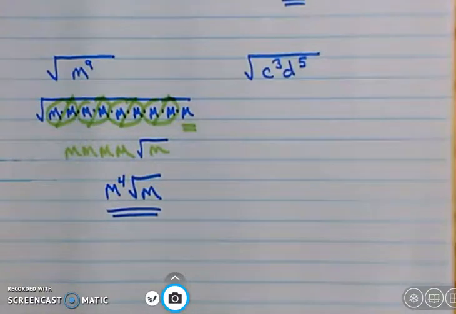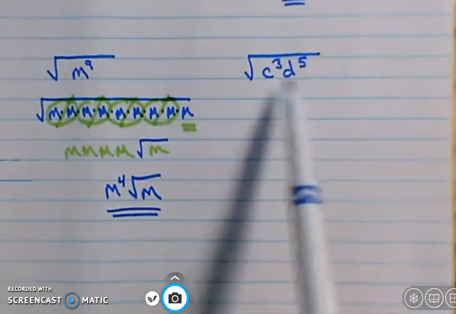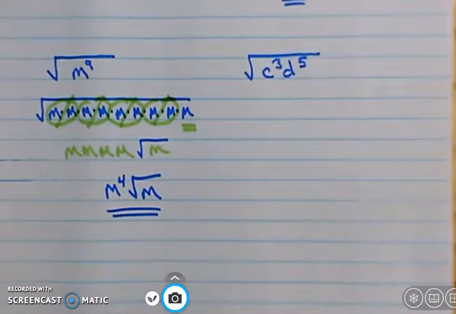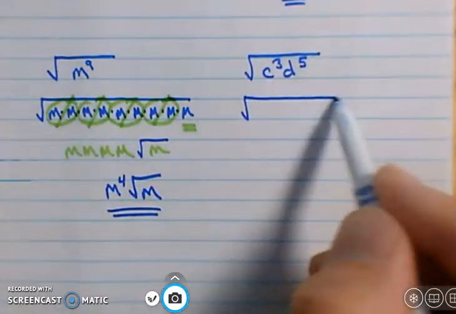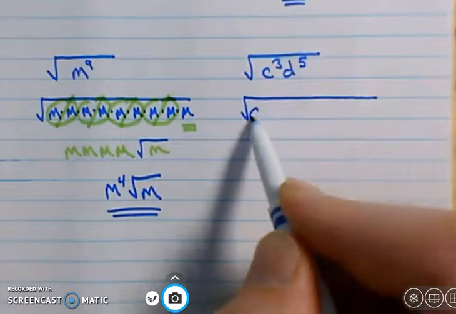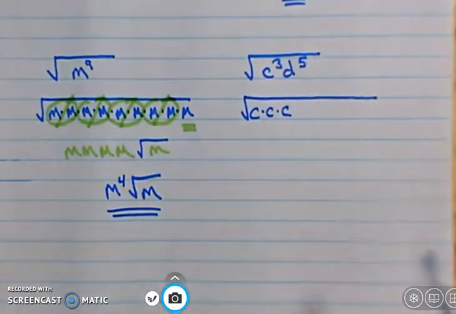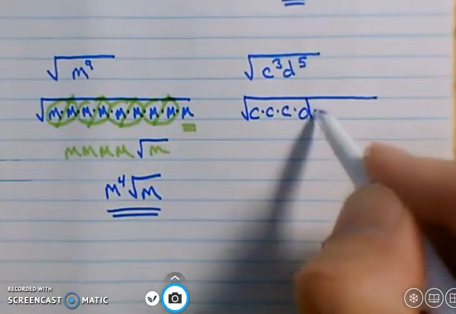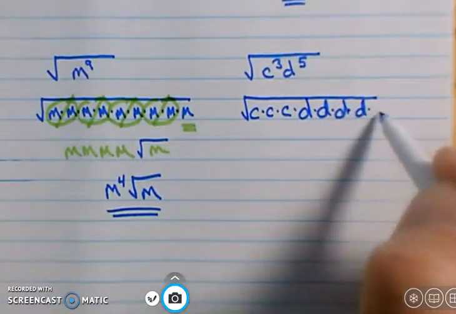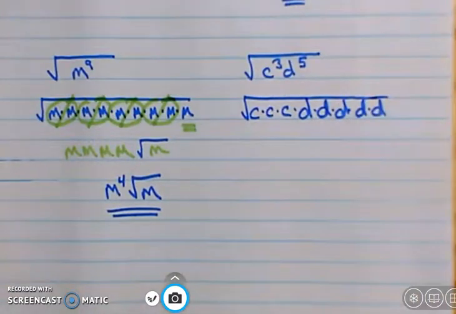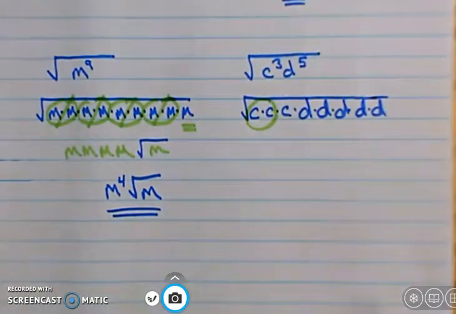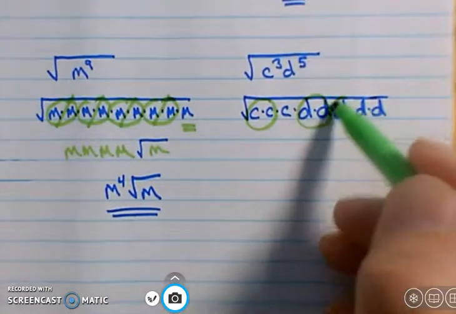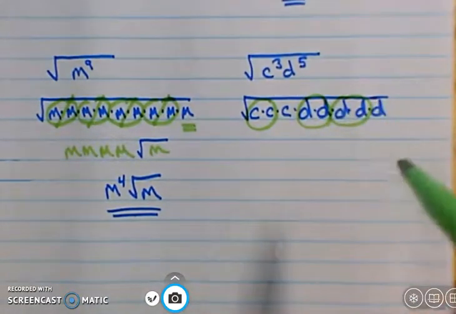Okay, and one final example. What if I have multiple variables here? Just like all the previous examples, I'm going to write all these out in expanded form. This is our factoring method. So c to the third means I have c times c times c. D to the fifth means I have d, d, d, d, d. That's 5 d's. And as before, I'm going to circle my pairs. I have one pair of c's, and I have two pair of d's.